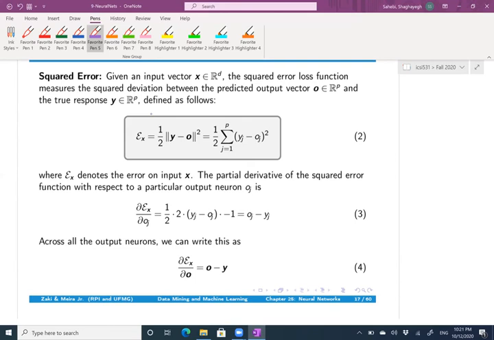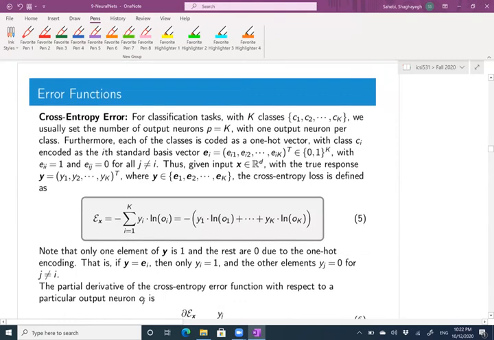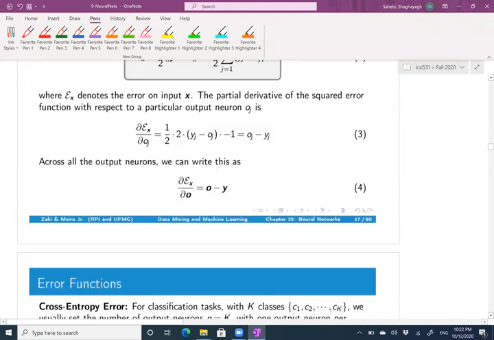And in stochastic gradient descent, we are going to look at each data point one by one. So we are going to have a partial derivative of this squared error with respect to each of the outputs. Okay. So this is for one of the error functions that we can have.